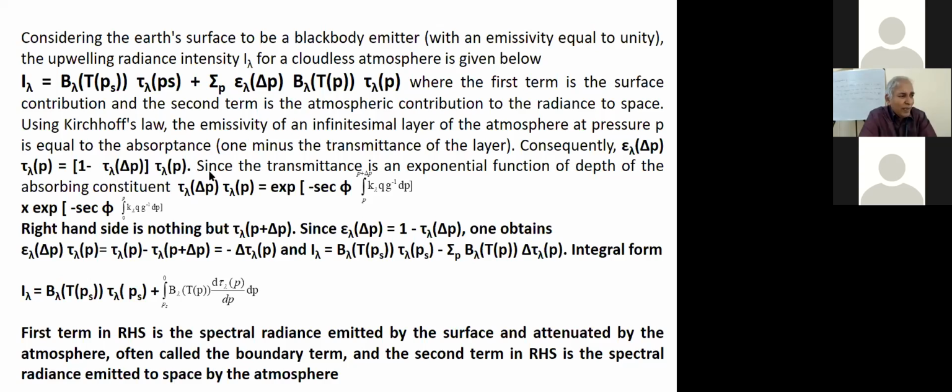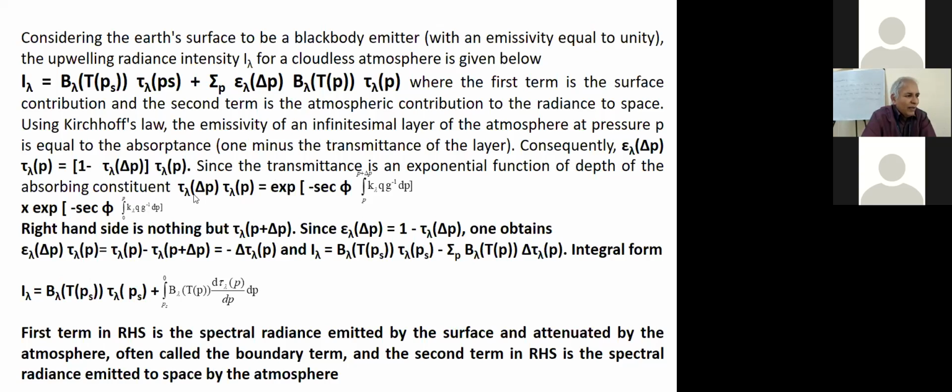Now we have defined the transmittance as an exponential function. So tau lambda P is nothing but the exponential of minus secant phi, integral from 0 to P of K lambda Q by G dP. So this is nothing but our optical depth.